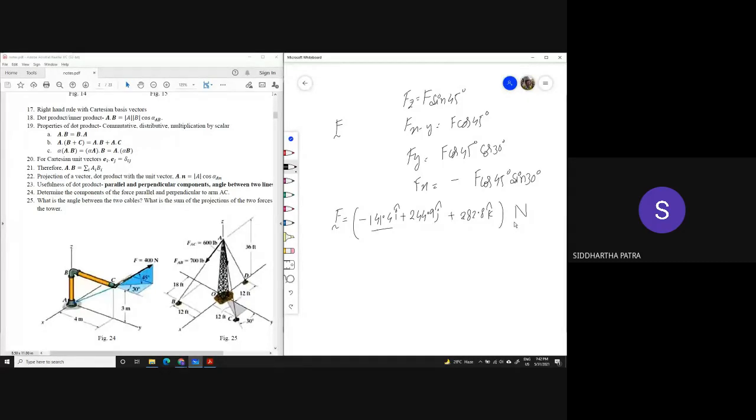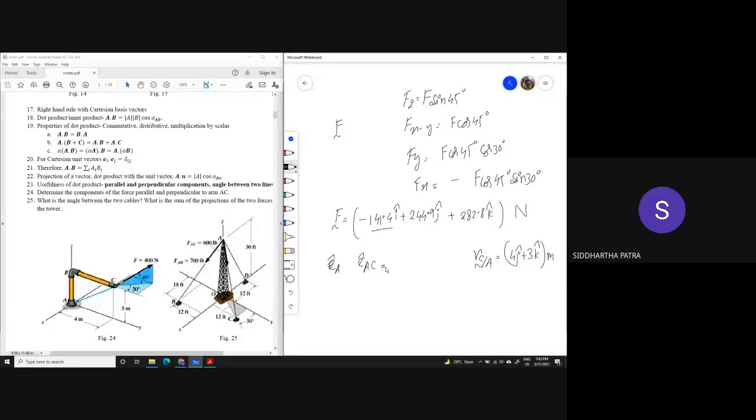Now I'm interested in finding out how much of that force is parallel to AC and how much is perpendicular. So to get e_AC, at first I need to get r of C with respect to A. And how much is that? 4 j cap plus 3 k cap.